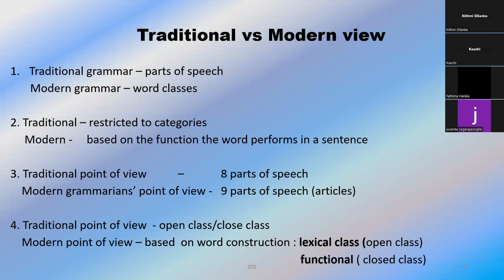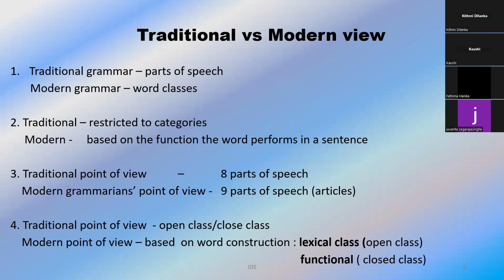In the traditional point of view, it's open class, whereas in the word class, it says lexical class. And closed class of traditional has been reclassified as functional class in the modern point of view.